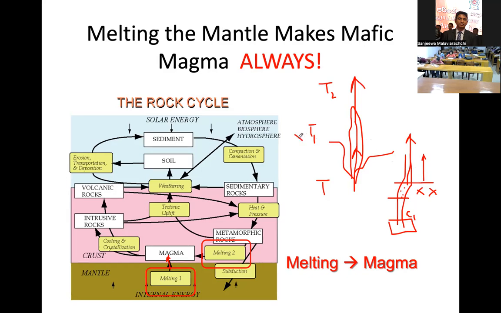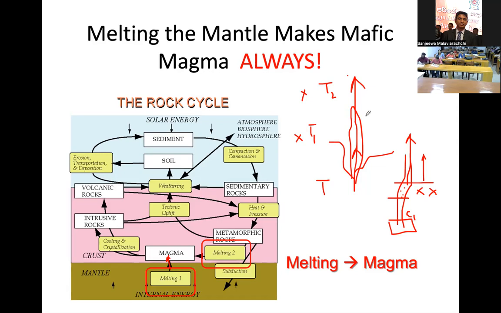At this zone there may be one crystallization, at another zone another crystallization, and this continues, so maybe another set of minerals will be fractionated from the magma.